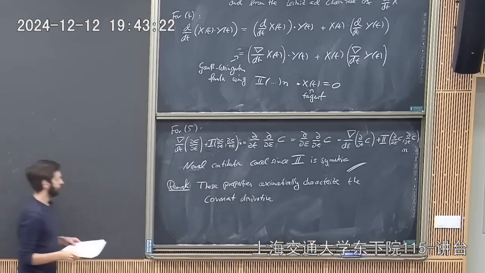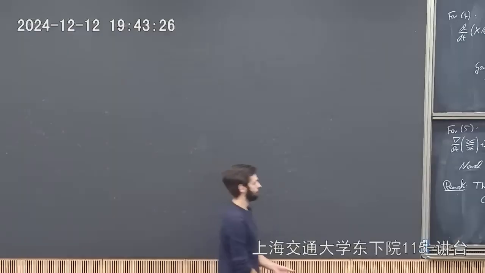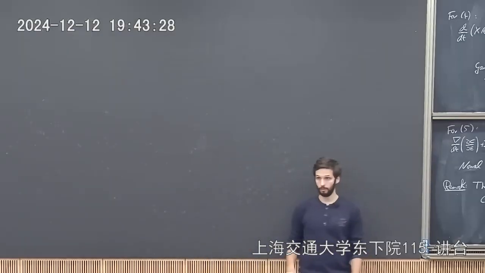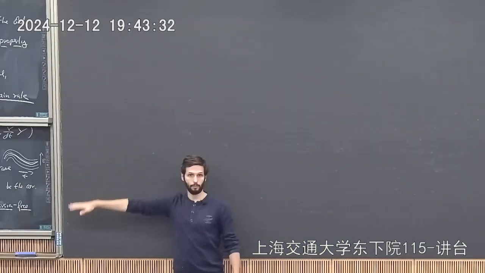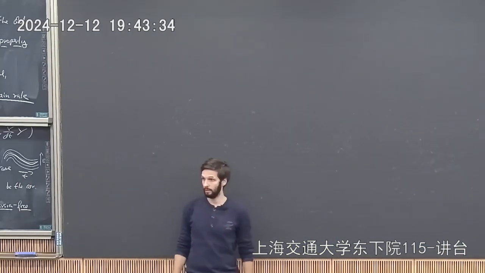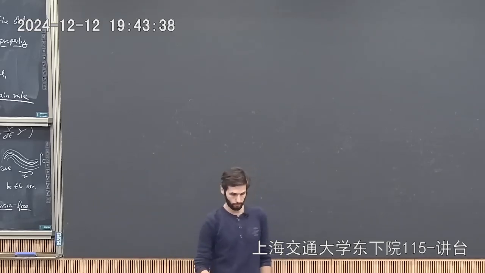So I could have defined the covariant derivative as the unique operation that has these kinds of properties. In some way these properties uniquely characterize the covariant derivative.